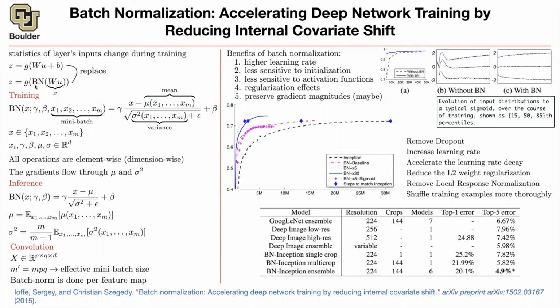You might say, why not put batch norm right after U and then multiply it by weight? The people who wrote this paper actually did that, and it just doesn't work. Sometimes the answers are as simple as that. It doesn't work. The network doesn't converge.